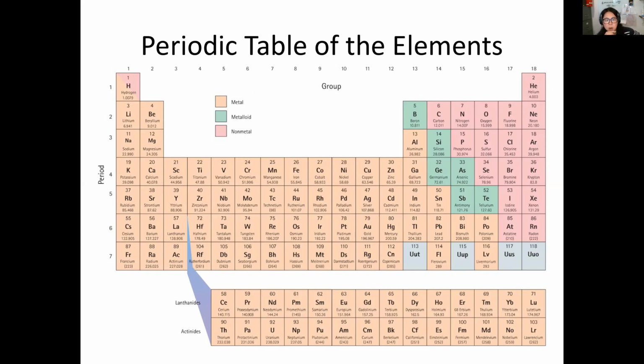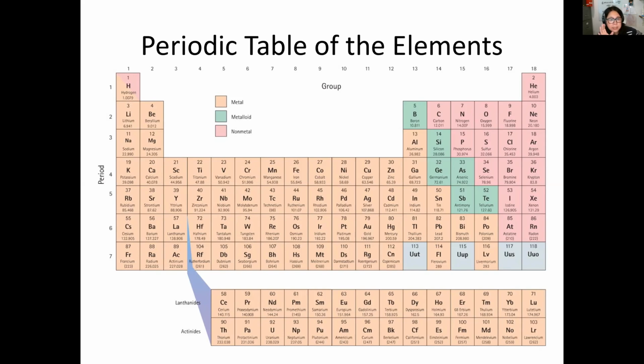What's the atomic number of carbon? The atomic number of carbon is 6, right? How many protons and how many electrons? 6 and 6. And then you look at the atomic mass. What does it say? 12.011. You see 12.011.